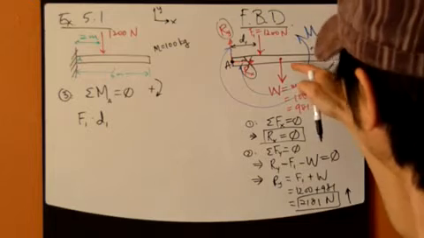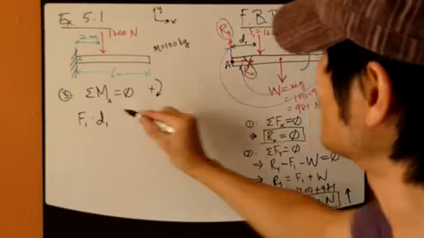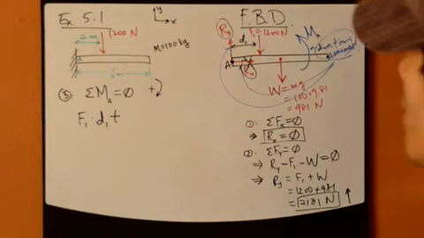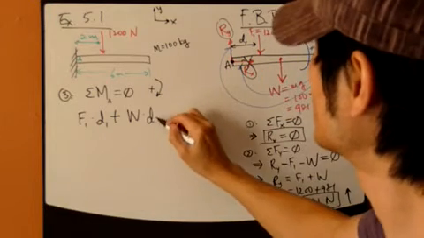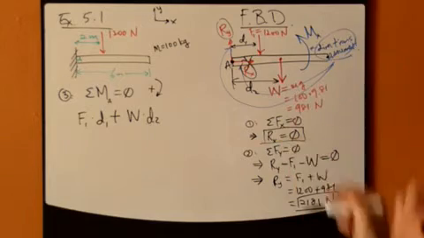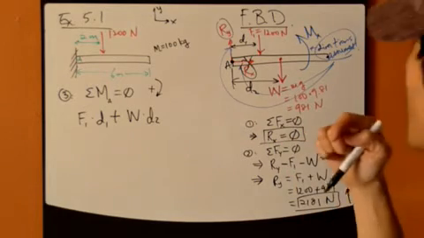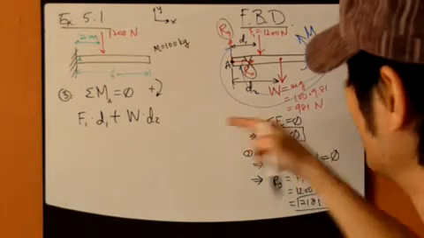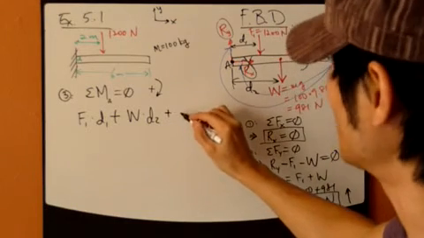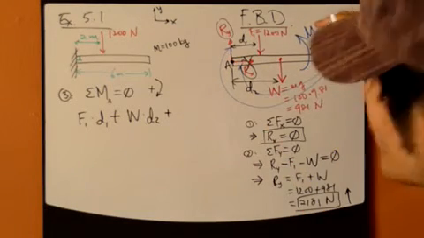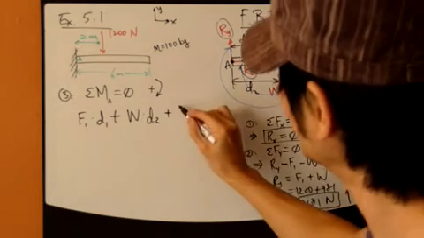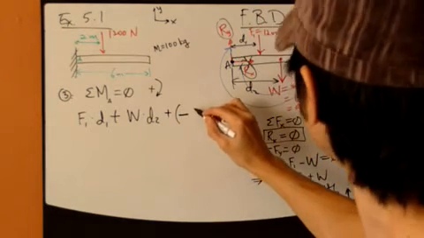The next moment comes from this W. Again, it's positive about point A. So W times D2, and D2 is this distance right here, the perpendicular distance. There's a third moment on the left-hand side, which is this right here, and that's exactly the unknown. Since this is MA and I don't know the direction, I just assume that it goes counterclockwise, so I need to be consistent with that.